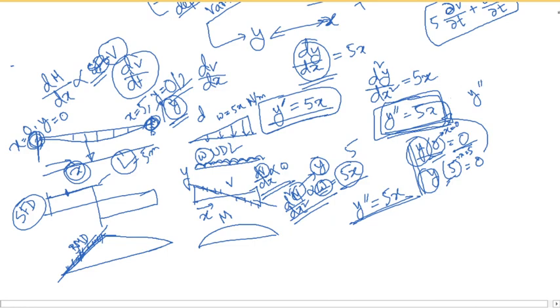As there is order 2, we must have 2 known values to solve this equation. So when this is an ordinary differential equation of order 2, we need at least 2 known values to solve this.